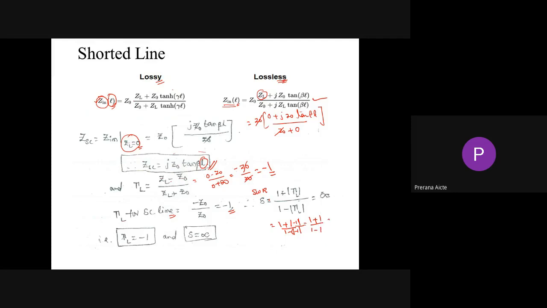That is 2 by 0, which equals infinity. Therefore, the standing wave ratio is infinity and the reflection coefficient is minus 1. So for a short circuited transmission line, the short circuited impedance Z SC equals j Z naught tan beta L, the reflection coefficient is minus 1 and the standing wave ratio is infinity.